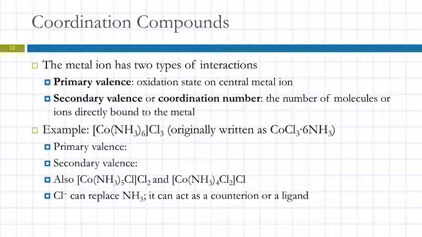So the format of the formula was like a hydrate, except it was ammonia instead of water. We now write it this way, understanding that this is a complex ion of cobalt with ammonia molecules and 3 chloride counterions.